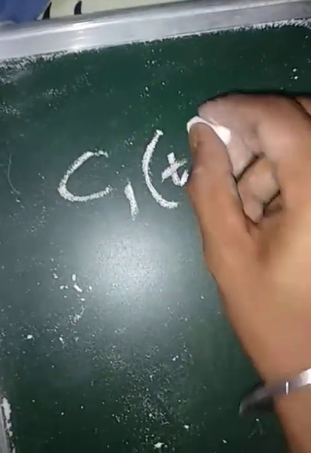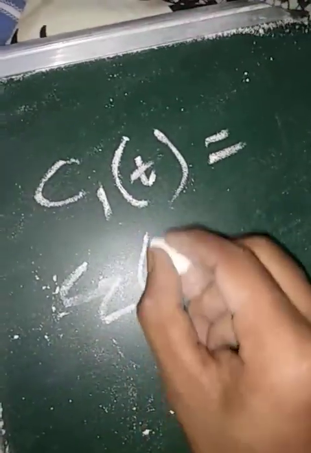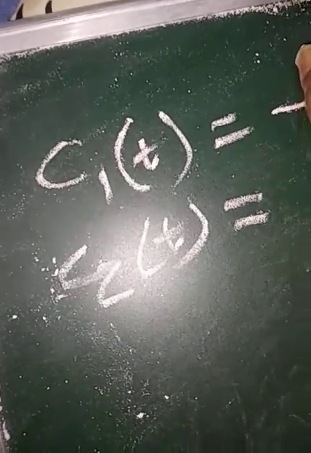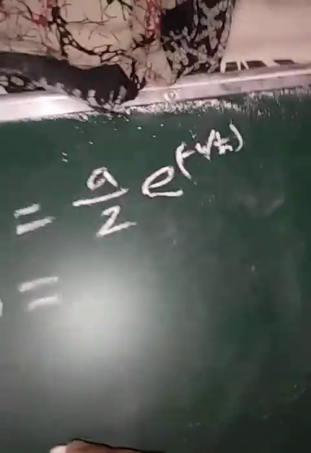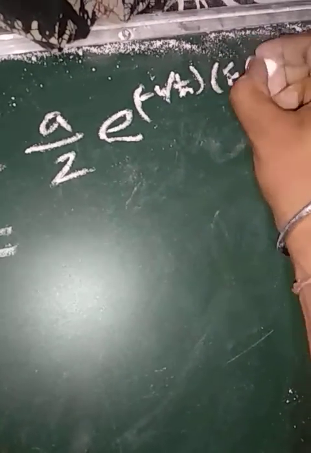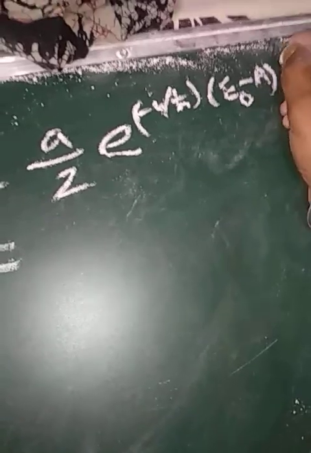Okay, we'll start right from the beginning. This will give us C1, which is a function of t, and C2, this is also a function of t, and this will give us equals to A by 2 e to the power minus i by h cut (E naught minus A) into t.